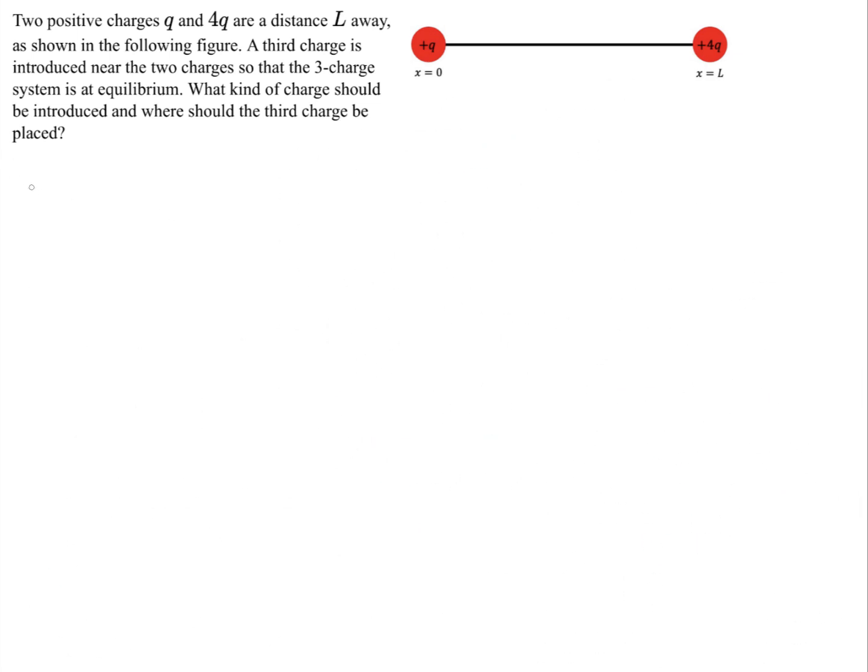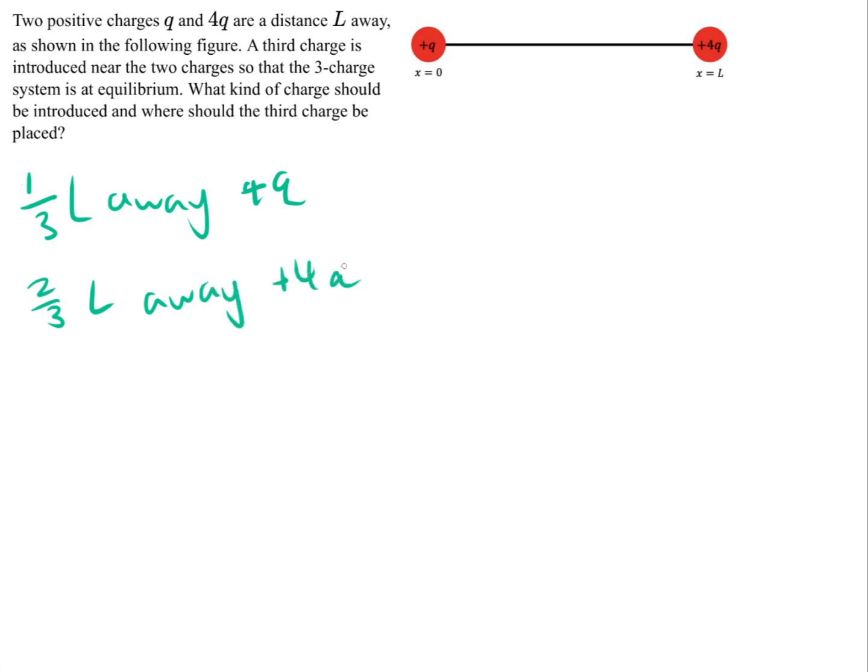So the charge will be 1/3 L away from plus Q, and 2/3 L away from plus 4Q. So we figured out where the third charge should be placed.